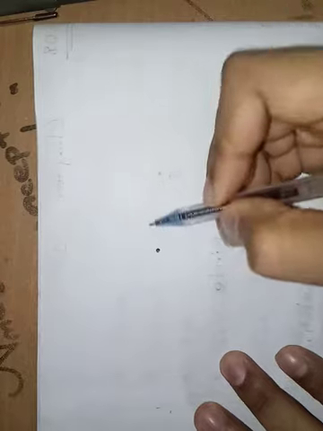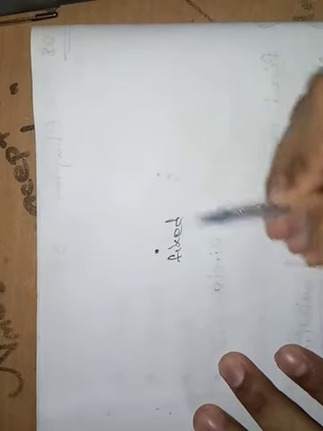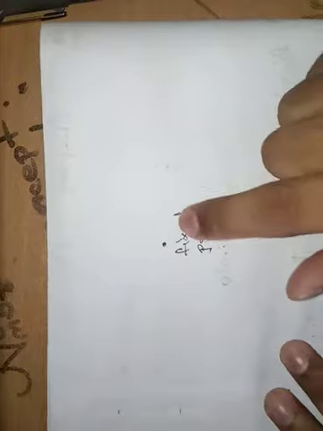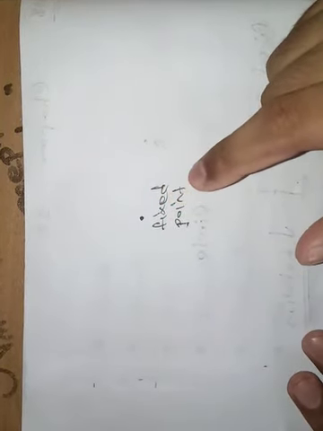We have a fixed point. We can't change the position of that fixed point. Remember, you can't change the place or position of the fixed point. So we have taken a fixed point and now we need a moving point.